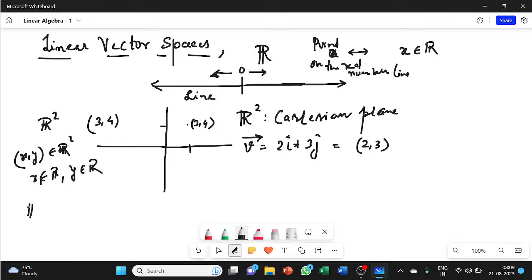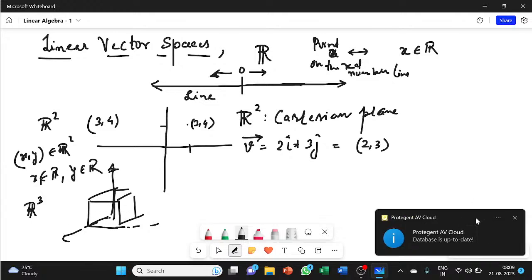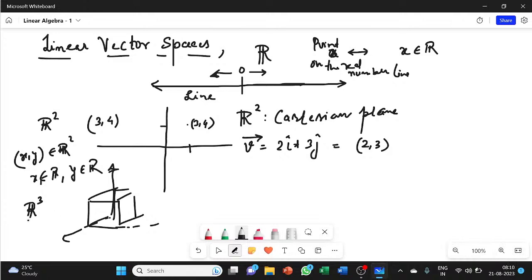Similarly, if I want to write R cube, what does it represent? It represents a volume in the three-dimensional space, and in fact it represents the entire volume. Whether you draw it using this, where all these x's are going towards infinity, it's just one of the spaces. In general, R cube represents the entire volume.